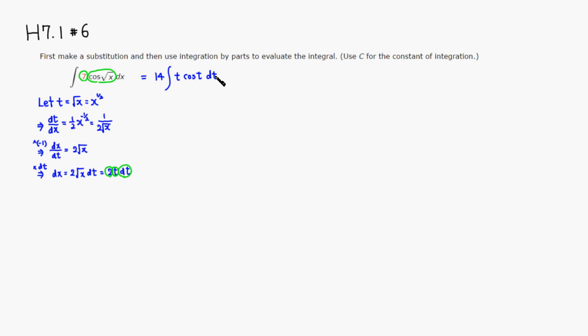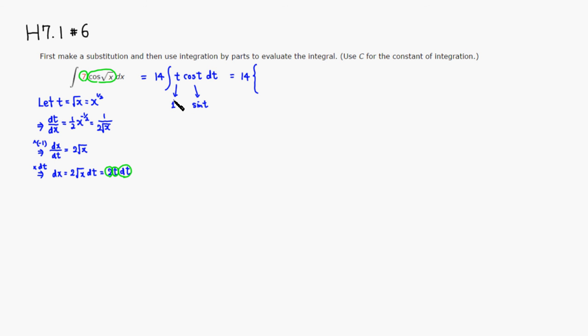Then we're going to use integration by parts. First we take the derivative of the first guy, you get 1. Take the antiderivative of the second guy, you get sine of t. So the integral we get is going to be 14, then the big bracket.